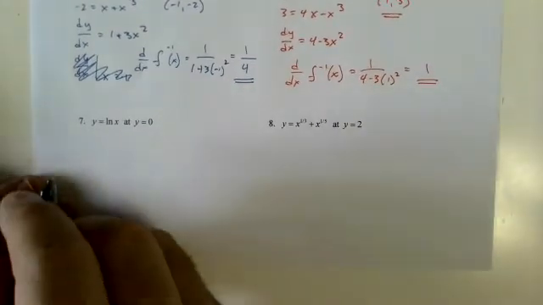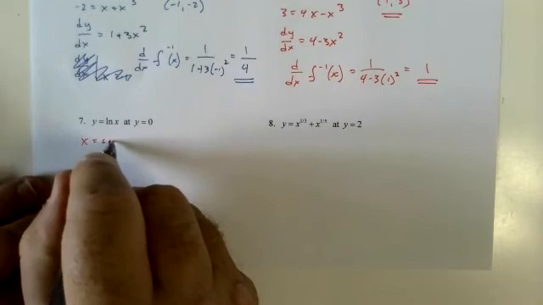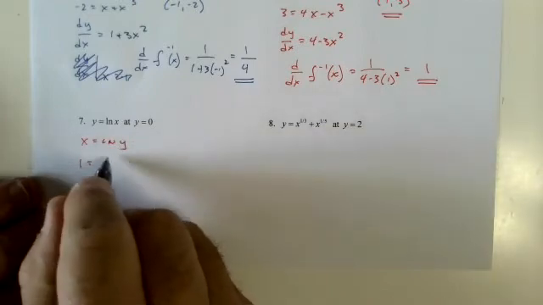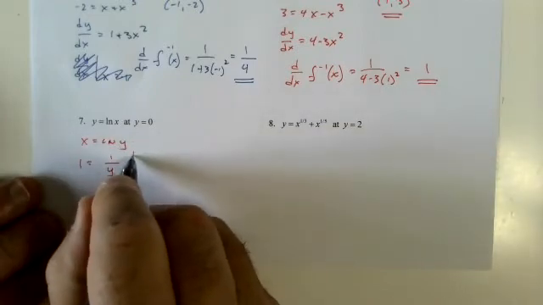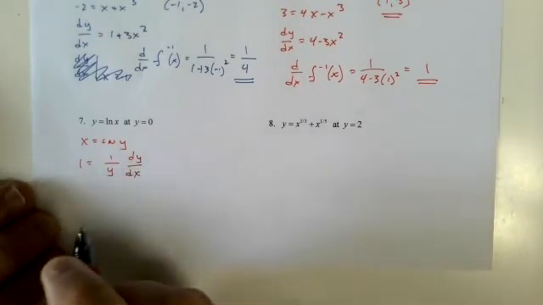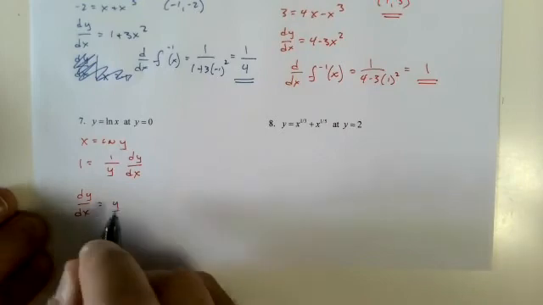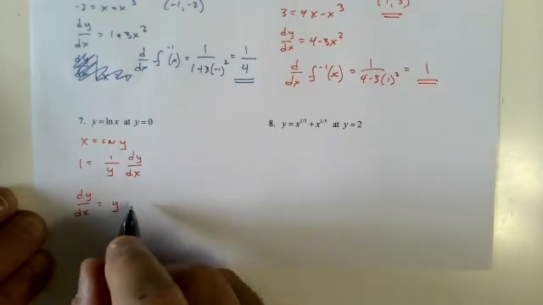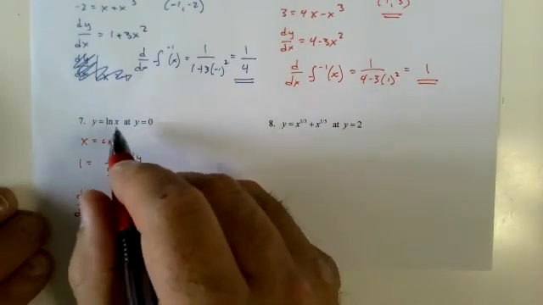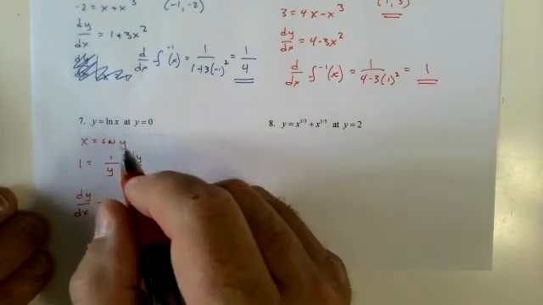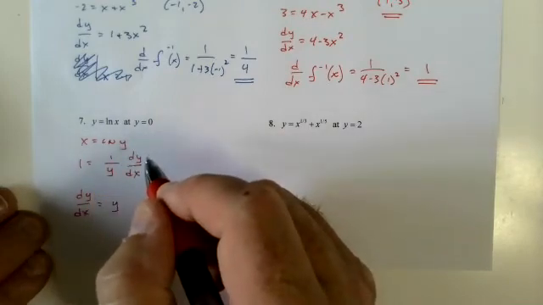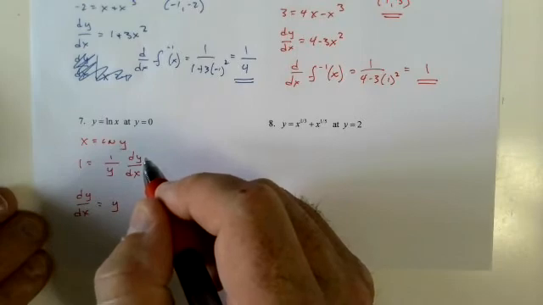Doing this the other way, so x equals ln of y, 1 equals 1 over y, dy dx, dy dx equals y. Therefore, oh, I never did this. Natural log can equal 0.